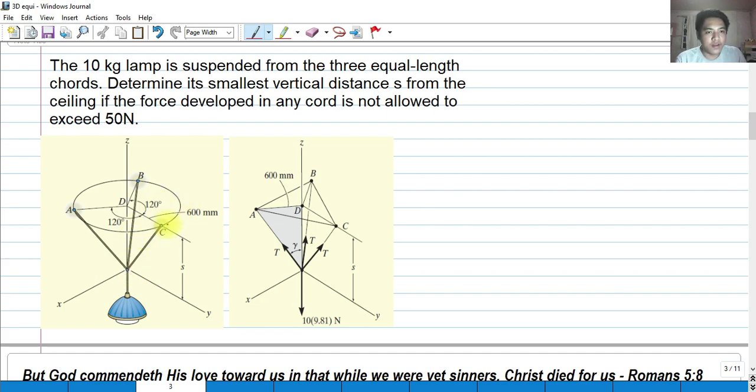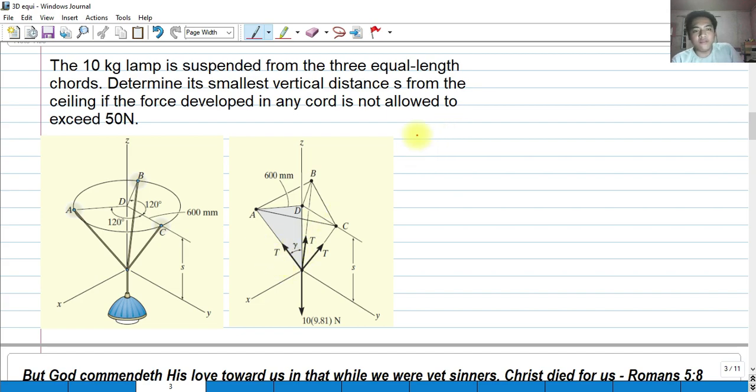So we have a 600 millimeter distance here from the ceiling up to point C, point B, and point A. They are all equal, 600 millimeters, and again, we have equal length cords according to our problem. So we have the free body diagram here, and we have an angle gamma here.